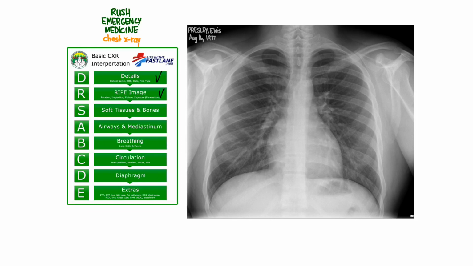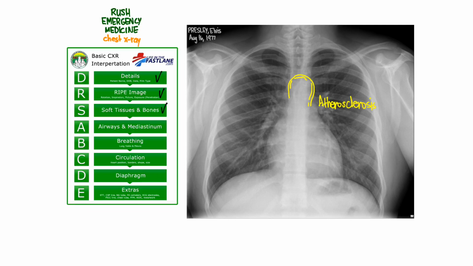And then the soft tissue is all the skin and this area over here, where you might see subcutaneous air or other masses and things. You may also see breast shadows in women and calcification of the aorta in older people with atherosclerosis. And that is looking at the soft tissue and bones.